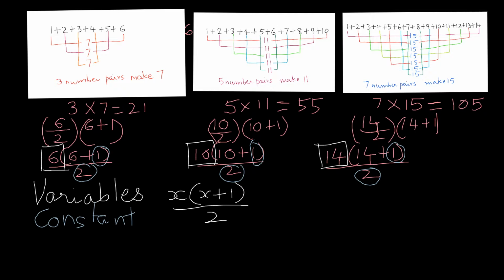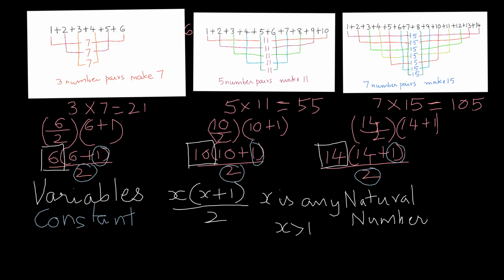Now I have to also define that x is any natural number, also that x has to be greater than 1, because we are trying to find out the sum of consecutive natural numbers from 1 to x.